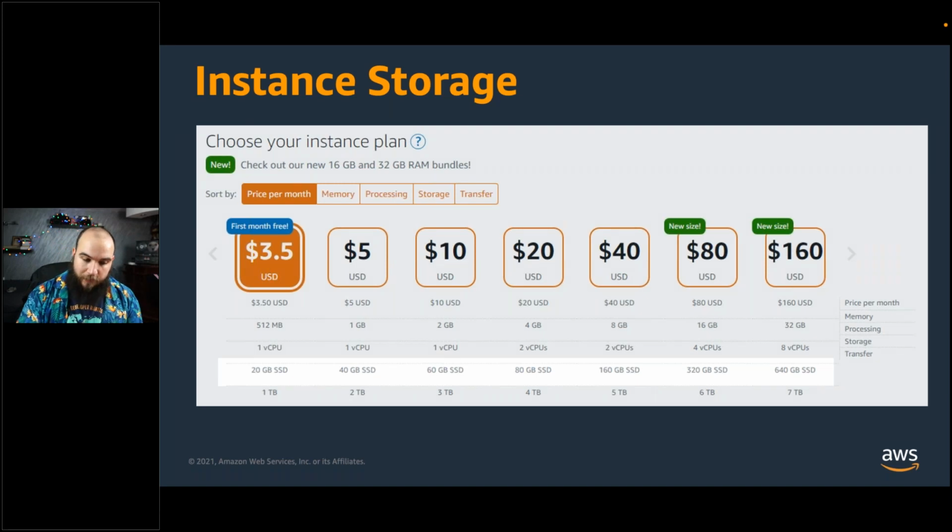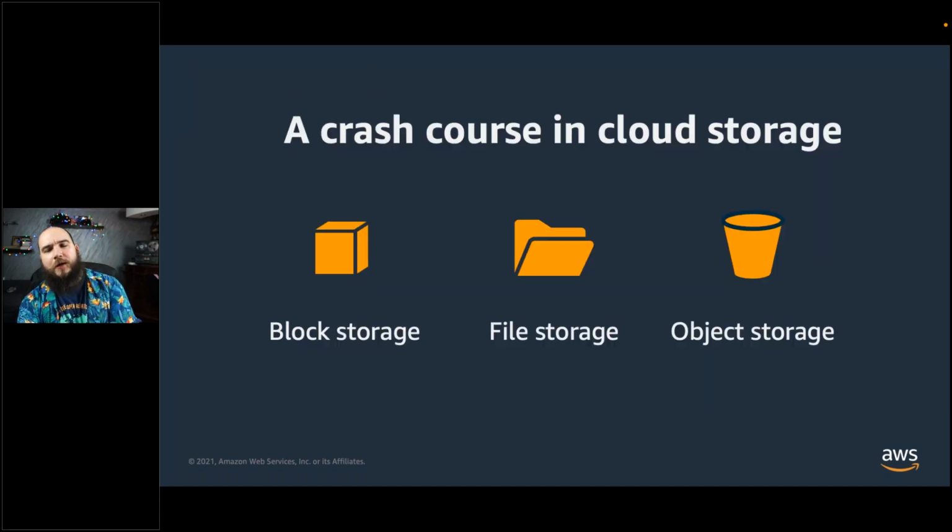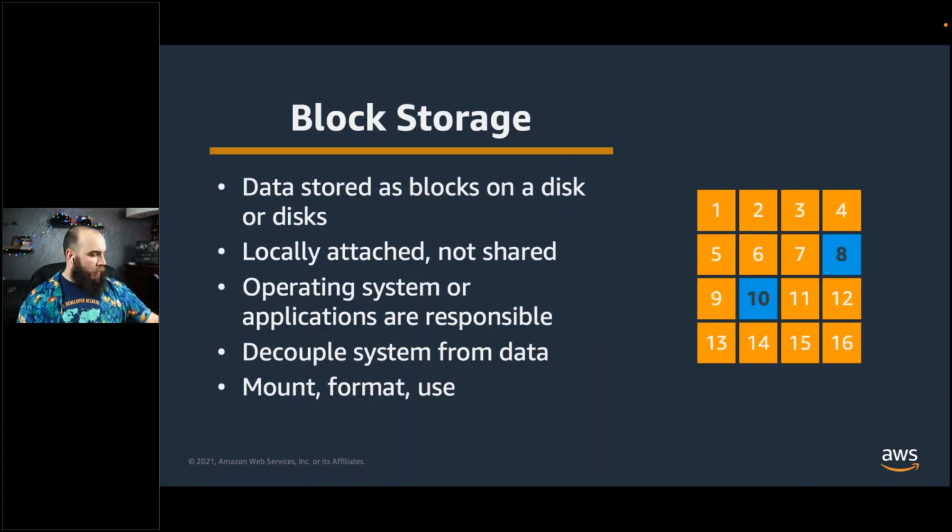But before we get into that, let's have a crash course in cloud storage. There are three types of storage typically accessed in the cloud: block storage, file storage, and object storage. What is block storage? This is block storage: your hard disk, your virtual disk.